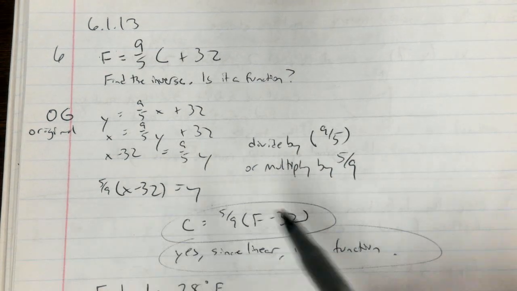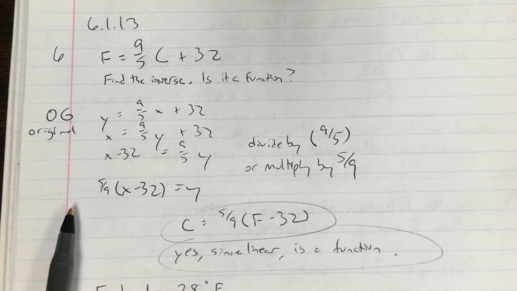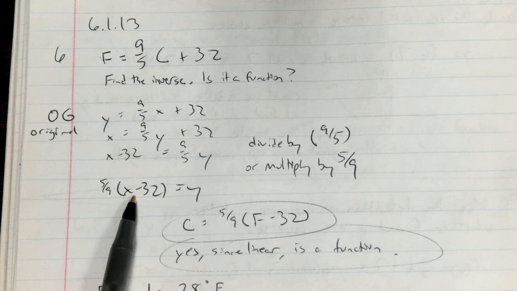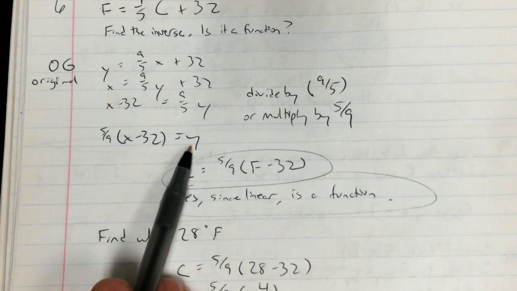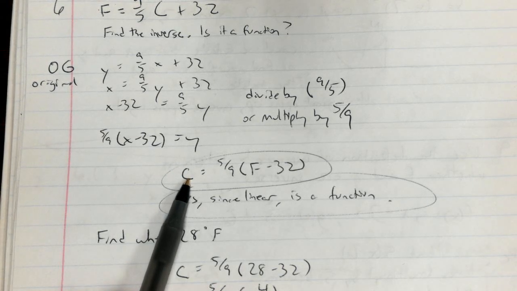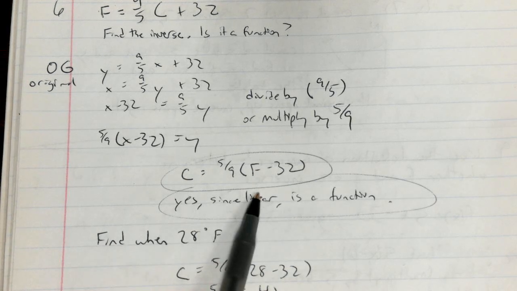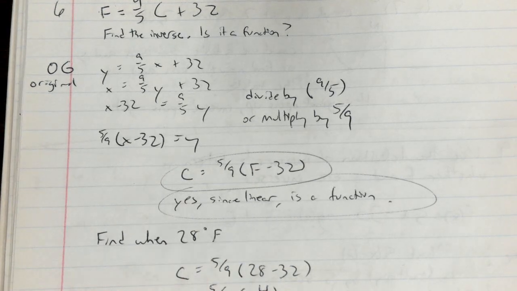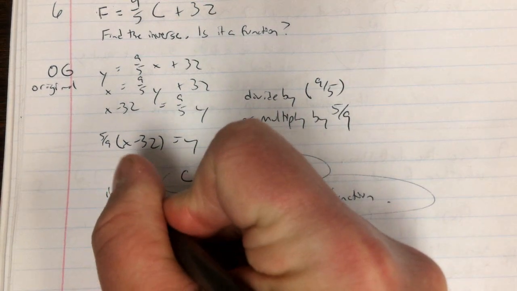You want to flip it to cancel, basically. And so this becomes 5/9 times x minus 32 equals y. Then the y becomes the c in this case, and the x becomes the f. So this is your temperature equation solved for Celsius. This would be what I call the IN, which is the inverse.